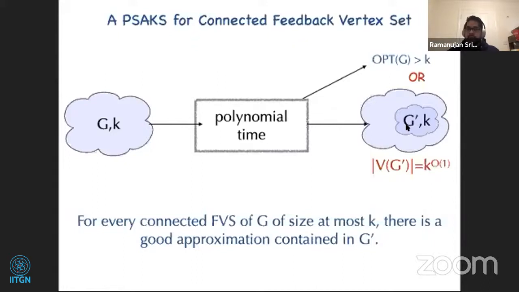If you come up with any good approximation in G prime, that can be turned into a good approximation for G efficiently. This is essentially what an approximate kernel needs to do.